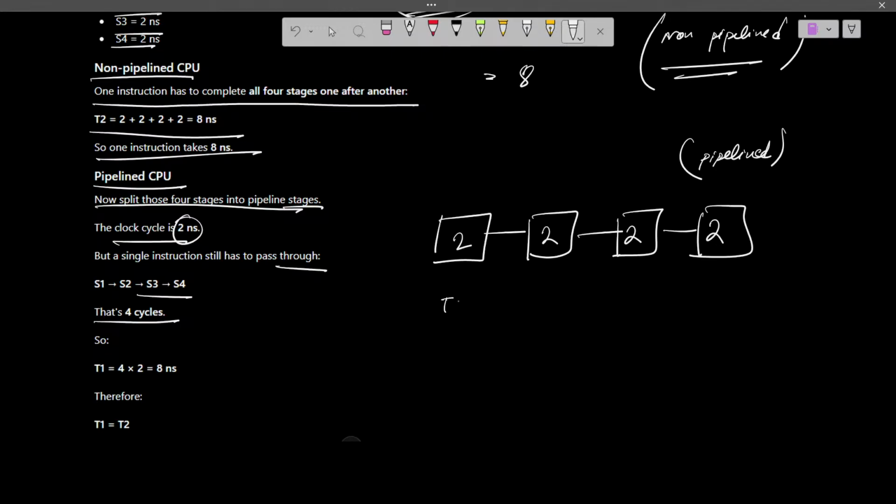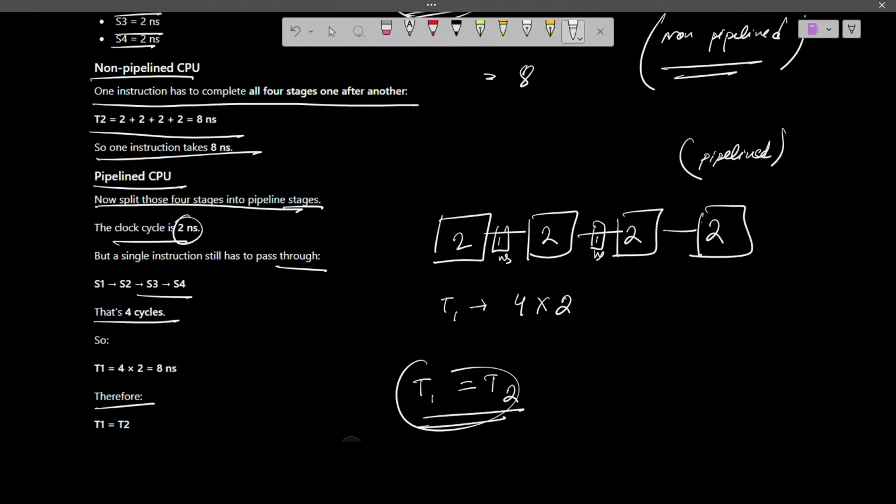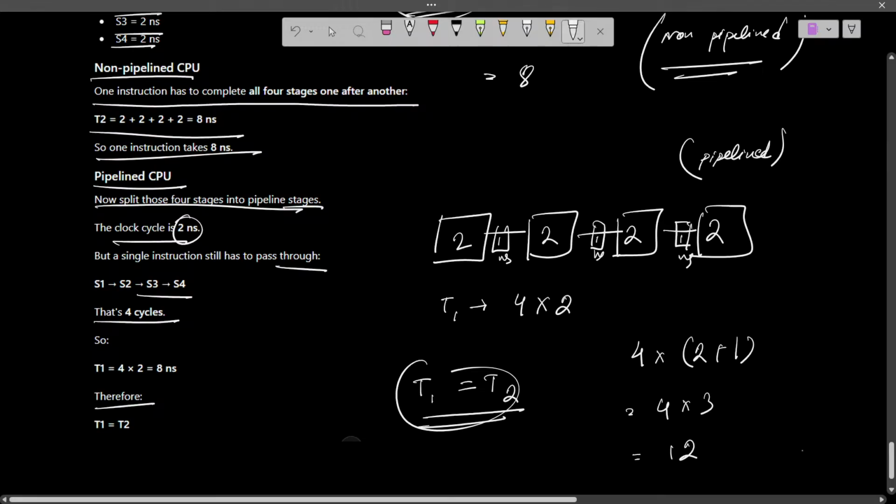So it will be 4 cycles into 2, equals 8. But we can have overhead also. If we have an overhead of, let's say, 1 nanosecond, in that case we have to take 4 into 2 plus 1, so 4 into 3 becomes 12. The overhead is there. So yes, T1 is not always equal to T2.